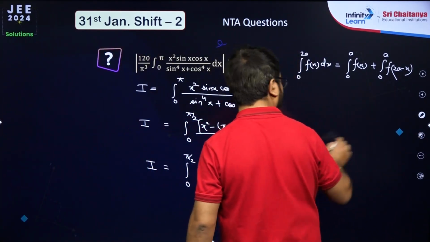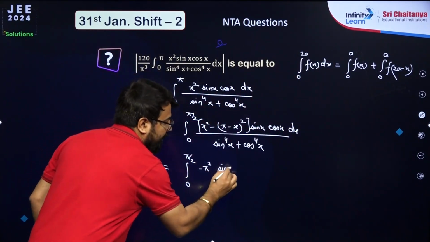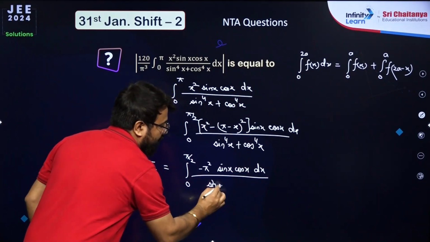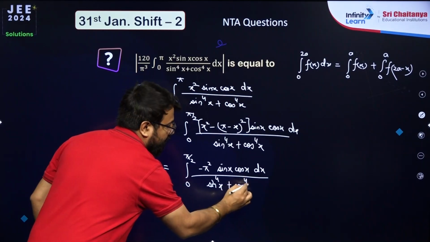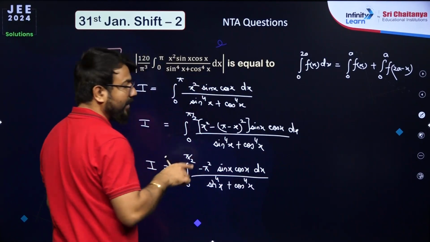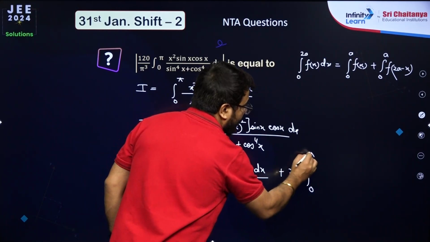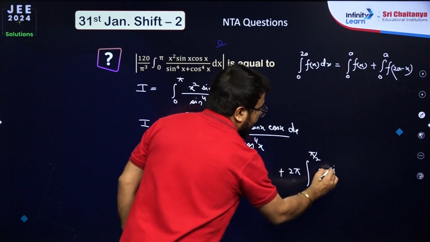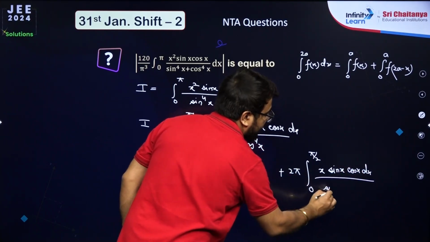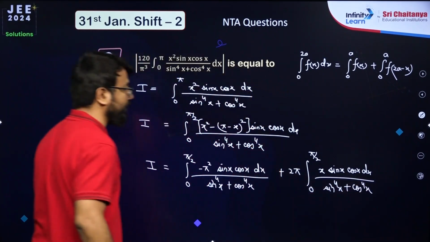So minus pi square is being multiplied with sin x cos x whole divided by sin x raised to the power 4 plus cos x raised to the power 4. And then we have 2 pi x, which will be positive. So 2 pi, integral 0 to pi by 2 of x sin x cos x dx, whole divided by sin x raised to the power 4 plus cos x raised to the power 4. Are you getting my point?